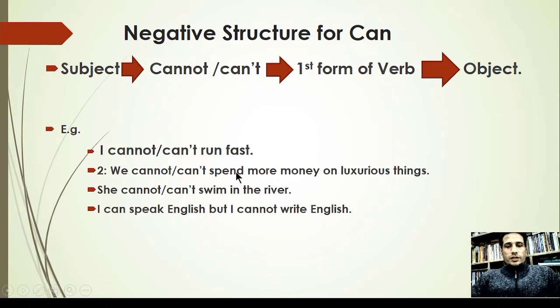We cannot spend more money on luxurious things, or we can't spend more money on luxurious things. She cannot swim in the river, or she can't swim in the river. I can speak English, but I cannot write English. So I can speak English, but I can't write English. Okay, so these are the negative examples.